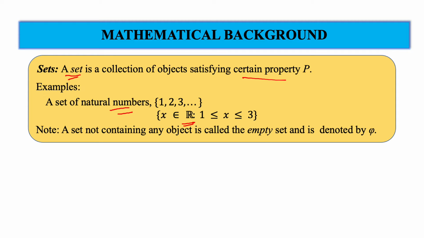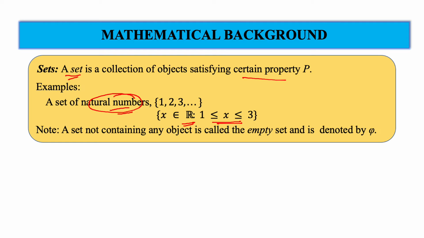So this is the property that needs to be satisfied by the elements of the set. In the earlier case the property is that the element has to be a natural number. So one can define a set using a certain property.